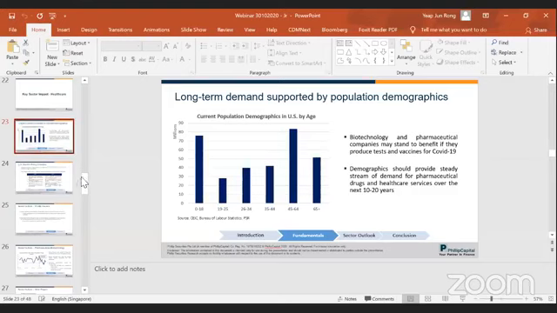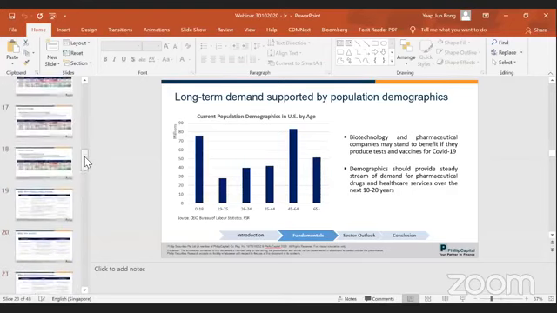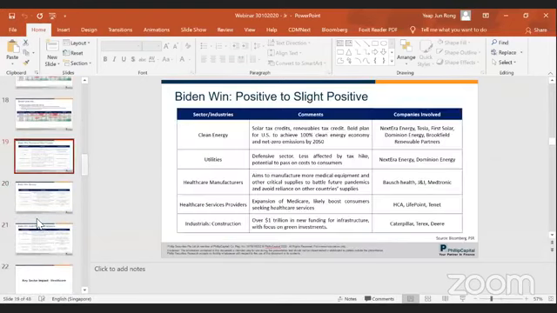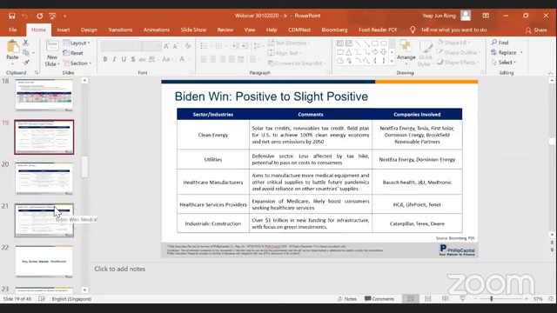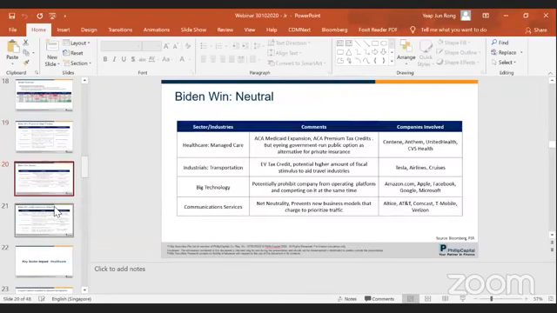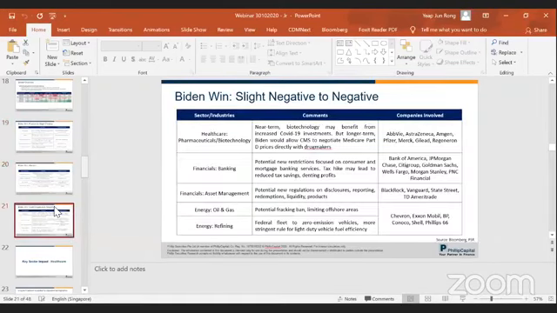So ultimately, you can go and rewatch and probably freeze the screen and just take some of the pointers that you need. Some of these slides, like in terms of a Biden win, we have a positive, neutral, and a negative. So some of these portions you can rewatch the seminar again to take down some of the pointers.